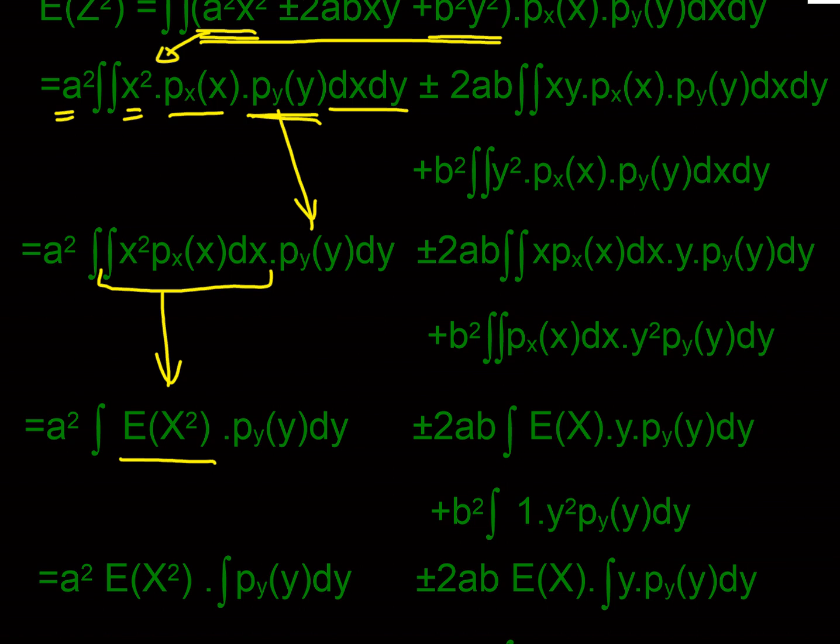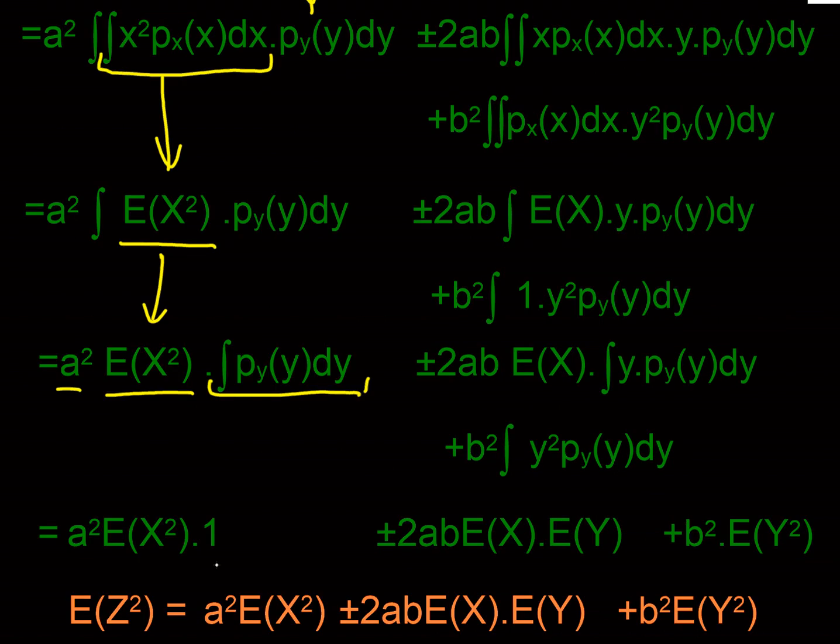And once again, the expected value of x squared is not a function of y, so that can come outside the integral as a multiplier, and therefore we end up with a squared times the expected value of x squared, and then the integral of p(y) dy over the full range, which we know to be 1.